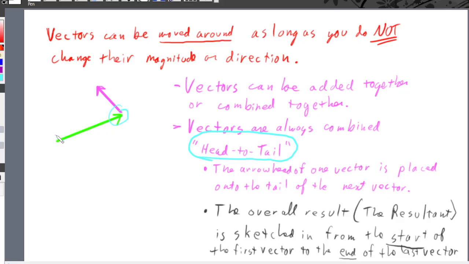And so that's going to be from here to here. And so that's my resultant, which I'll just label R. So the sum of the green and the pink purple vectors is the black dashed vector. What questions do we have about that?